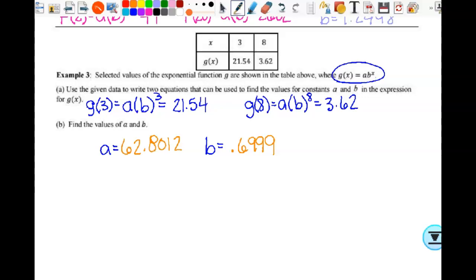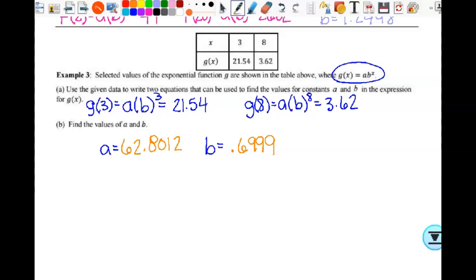Double check yourself with me once you get it. Let me know if you have questions or you got something way off. If you did get something way off, just go back and look at your numbers, make sure you type them in correctly, because that can totally be something that happened that anybody's capable of.